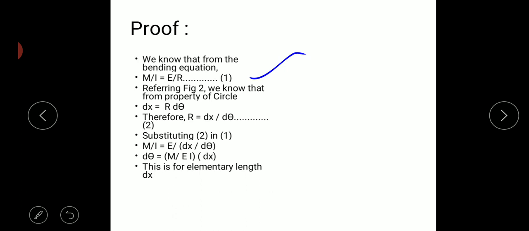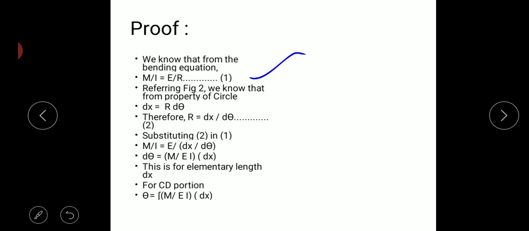Since the slope for the elementary length is d theta, we have got the slope for the elementary length for the points in between C and D, that is, for the CD portion. If I want it for the overall diagram, theta CD is for the overall length.